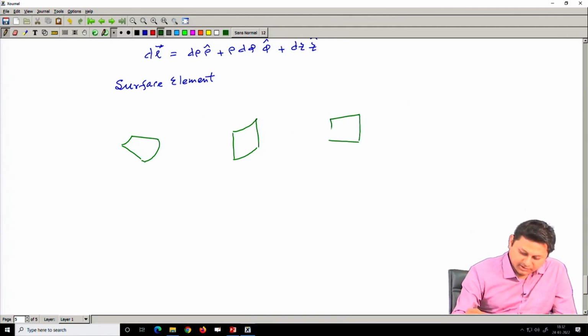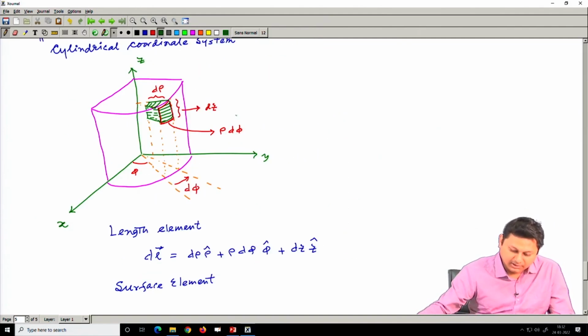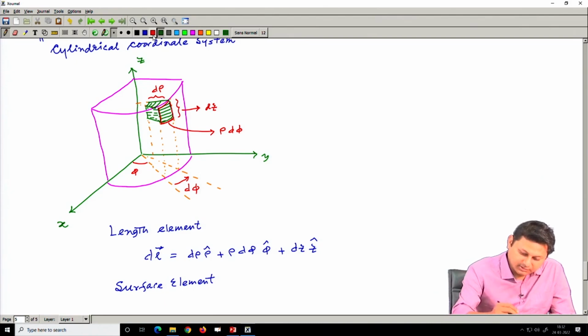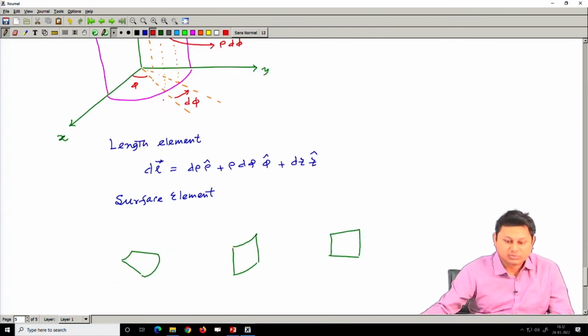So I draw the three surfaces of whatever chunk I have here. These three surfaces I am talking about.